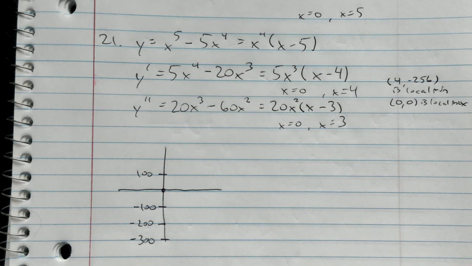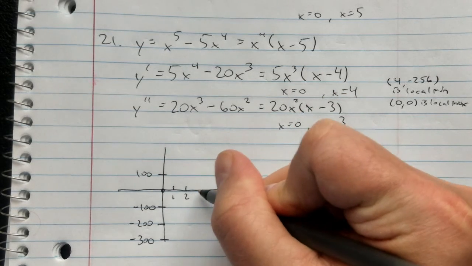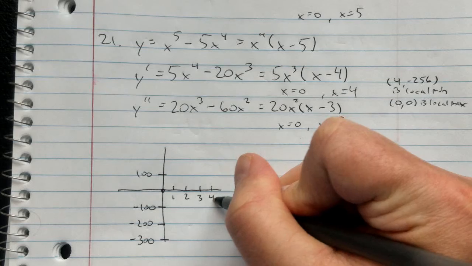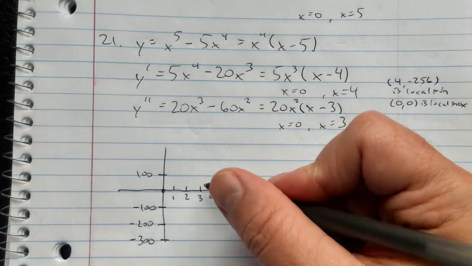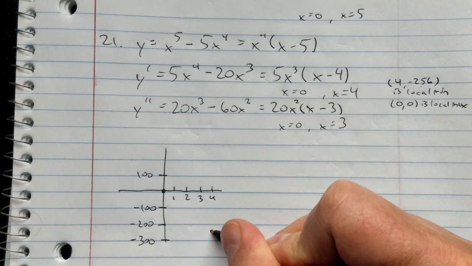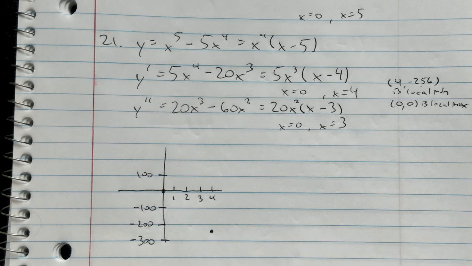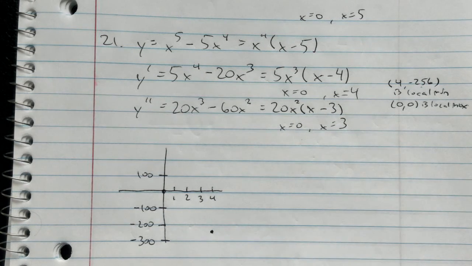Okay, and 4 is negative 256. So more than halfway there. So of course this is our min and that's our max.